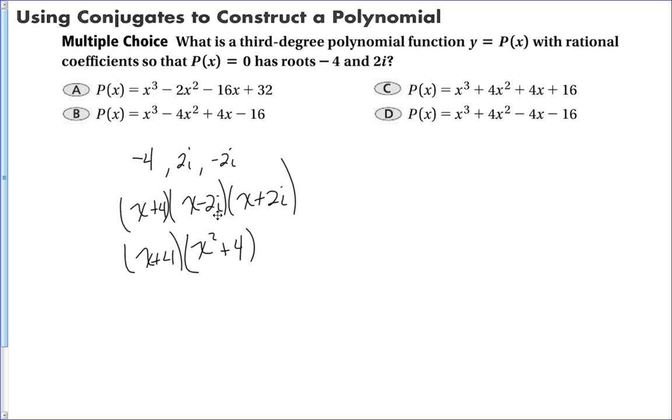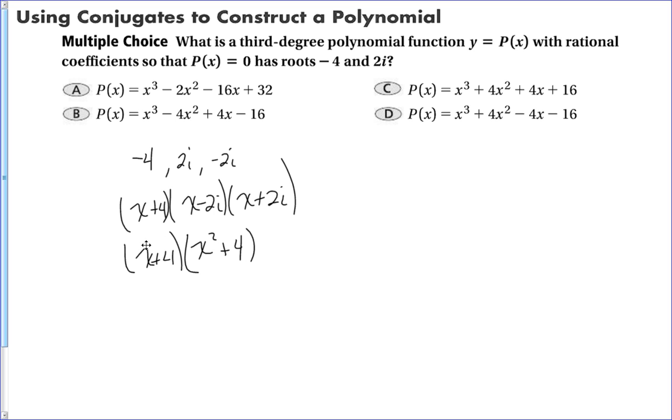The plus already takes into account that i times i is -1. So you just get x squared plus 4. If you want to FOIL it out to prove that, you can: first, outside, inside, last, and you'll get x squared plus 4.